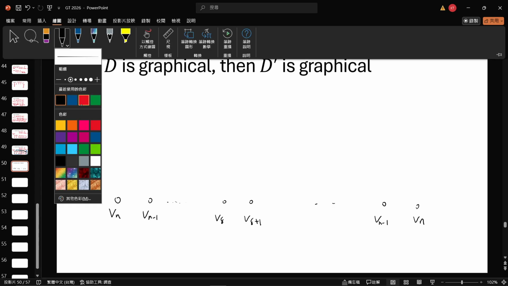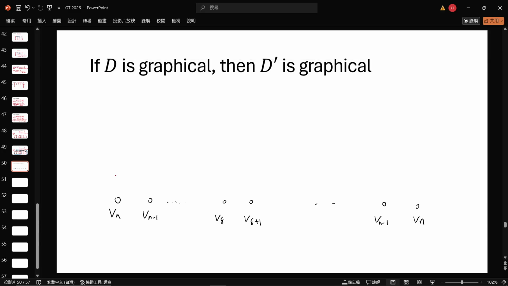Okay, so now I'm drawing a graph that realizes D, the original degree sequence.